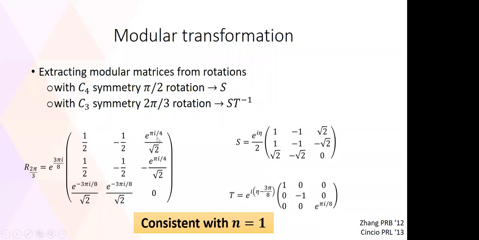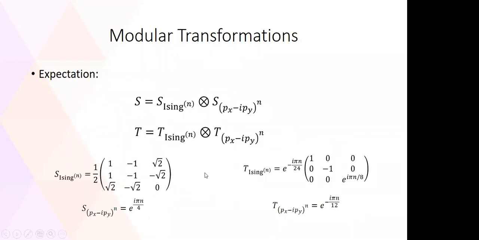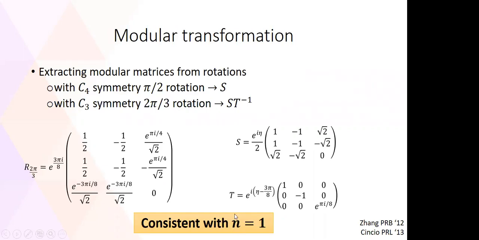You know what the symmetry is. You can relate two wave functions using this symmetry, and you find this matrix. If you compare it to these textbook matrices for the Ising n and the p minus ip, you get that this is consistent with n equals 1.